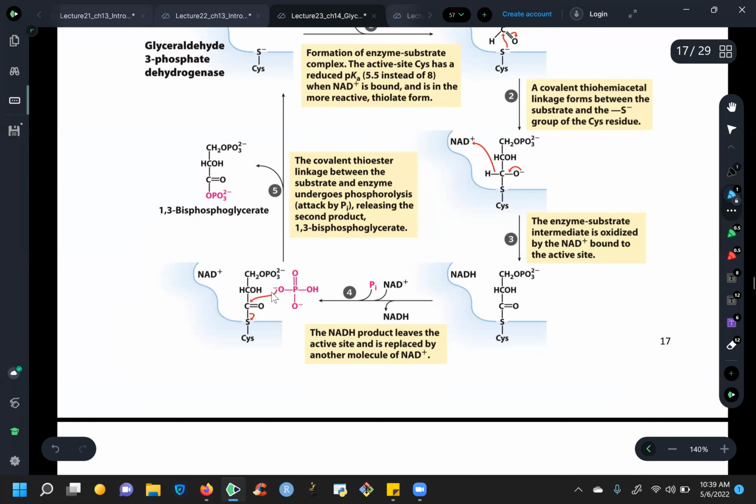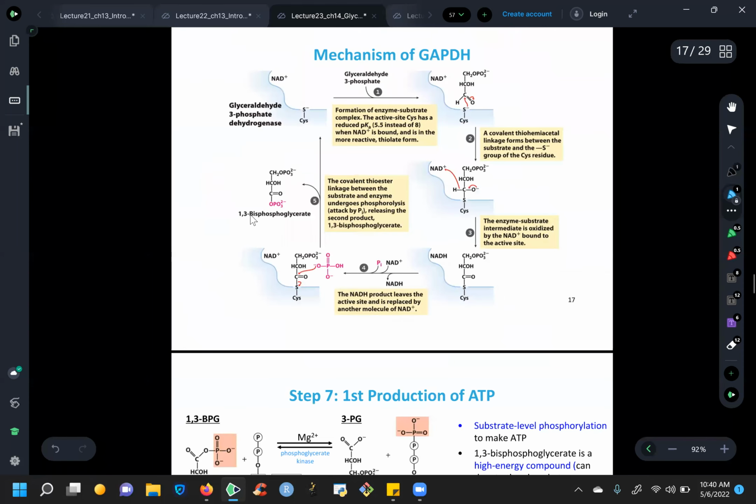Notice that oxygen attached to this carbon, and so that's how we got that second phosphate at that location. And then it was able to detach from the enzyme, because remember this blue thing right here is the enzyme. So now we have 1,3-bisphosphoglycerate with this phosphate attached to carbon number 3 and this phosphate attached to carbon number 1. Okay, so that was the mechanism for GAPDH.